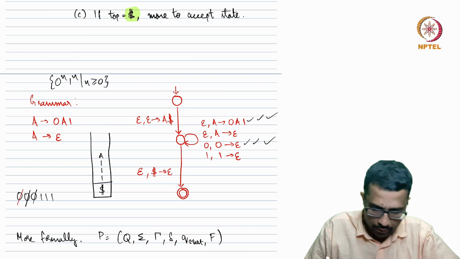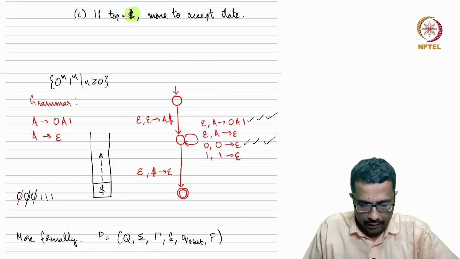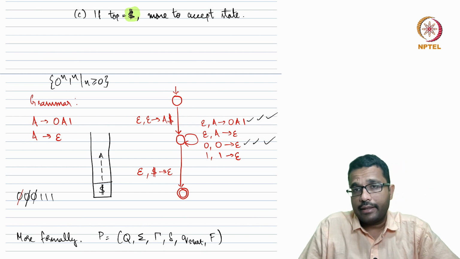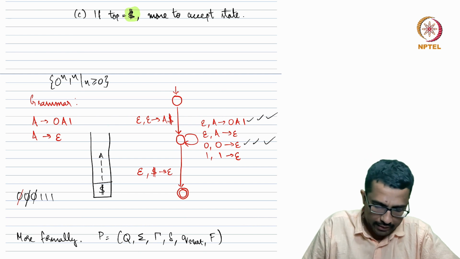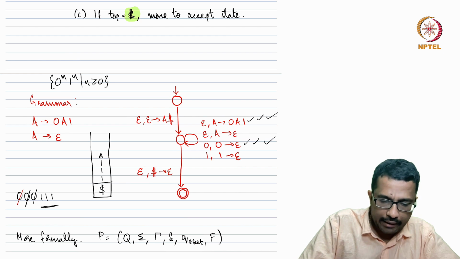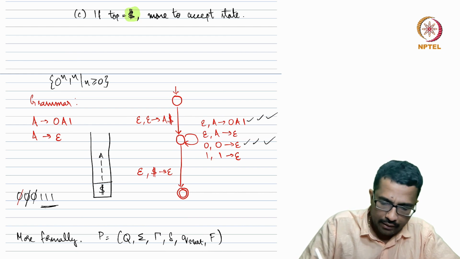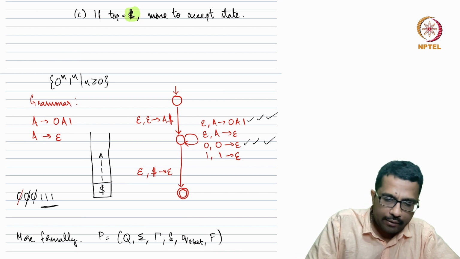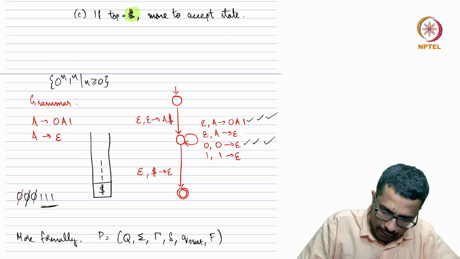Now you have again A, but you're not interested in zeros because the input contains 3 ones. So now you can use the second rule, that A goes to the empty string, which means you just pop A from the stack.